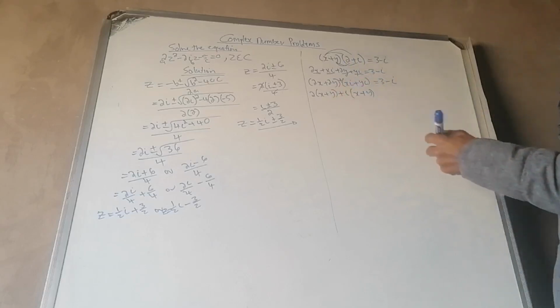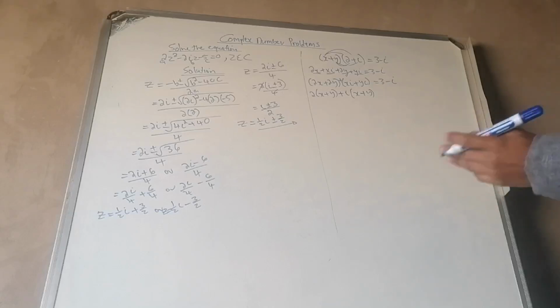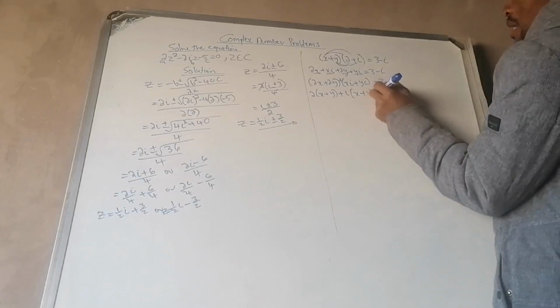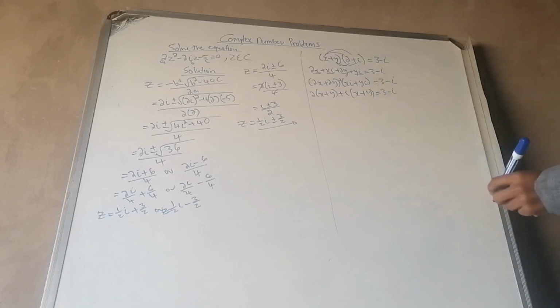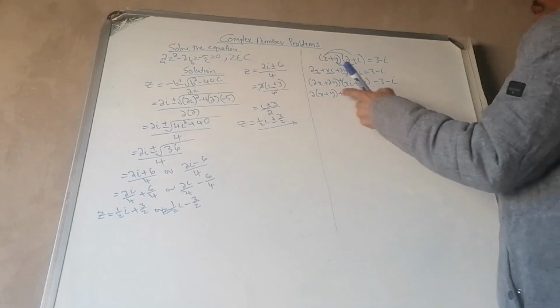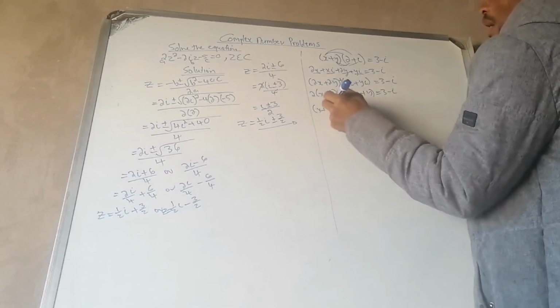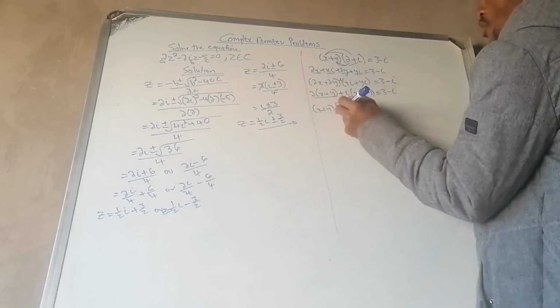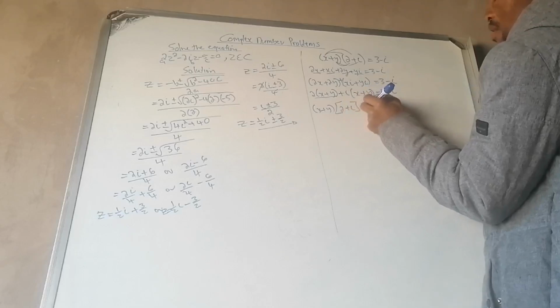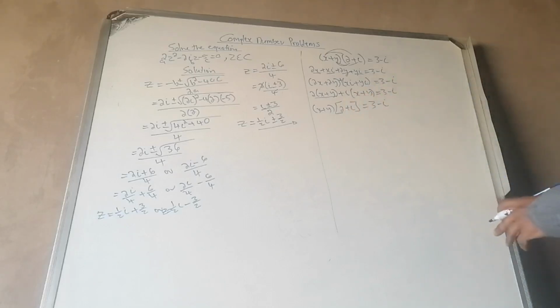What am I doing here? I'm trying to create two brackets that are identical. And this is 3 minus i. This is exactly what I'm trying to do there. And then there's a common factor here of x plus y. I'm left with 2 plus i, that is equals to 3 minus i.